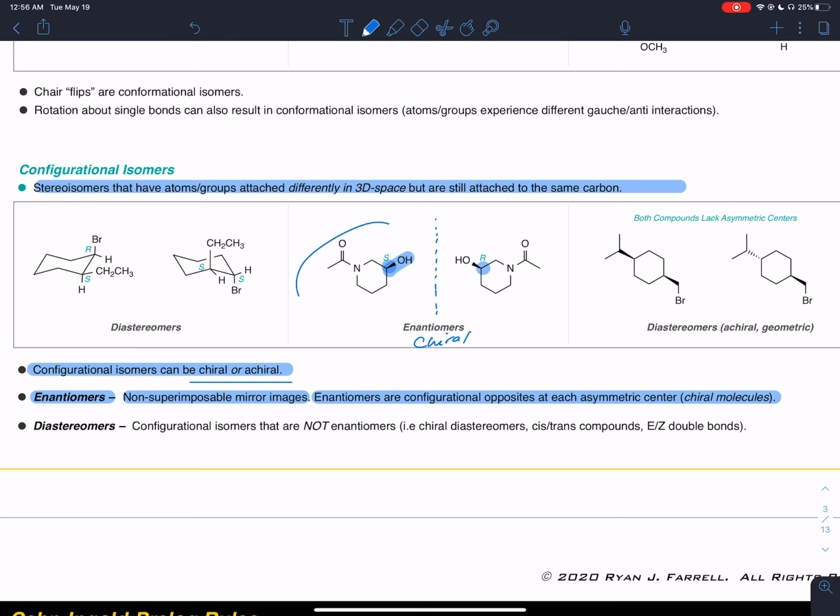Compounds that are mirror images of each other and that are non-superimposable are enantiomers, and each compound is in its own right a chiral molecule. In fact, a chiral molecule is defined by saying that it has a non-superimposable mirror image, and that non-superimposable mirror image is its enantiomer, okay?